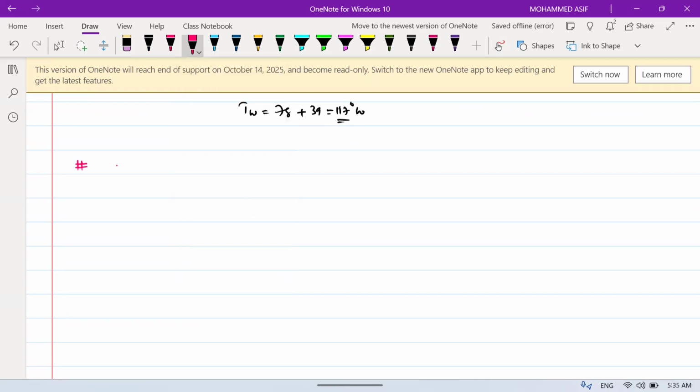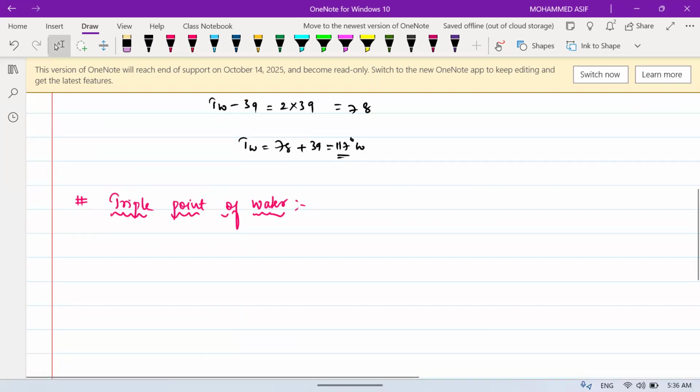Next heading, triple point of water. Anyone having an idea of the triple point of water? It is a point where pressure and temperature can exist in all the states simultaneously.